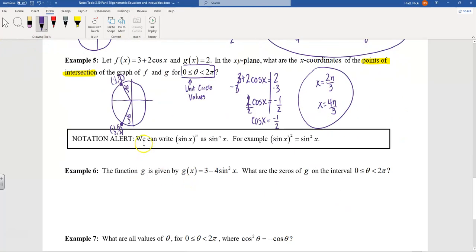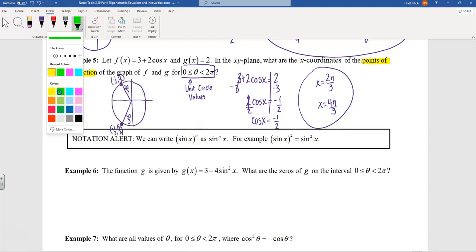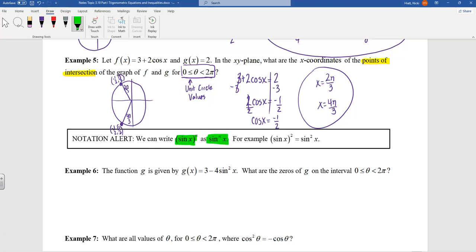You see a notation alert right here. This is a really important one to pay attention to. If you have a sine function that is raised to a power, then another way that can be notated is to put that power right behind the sine.